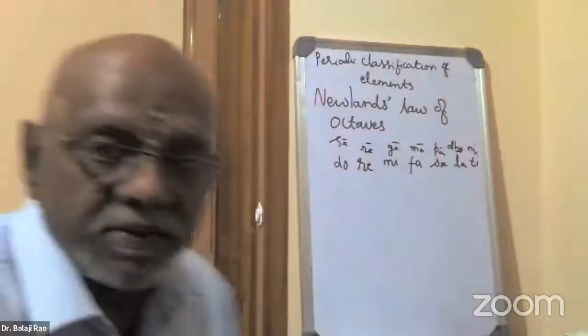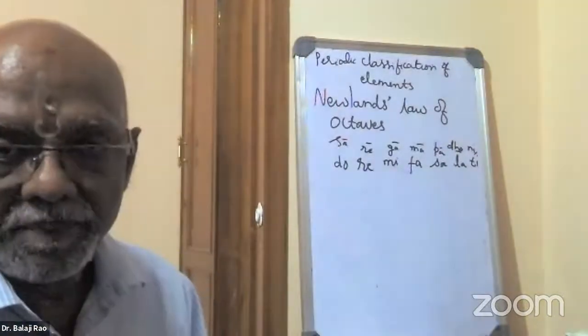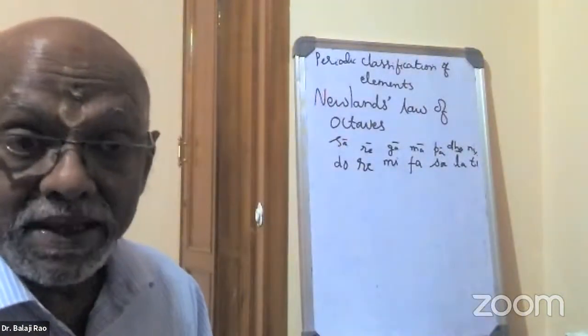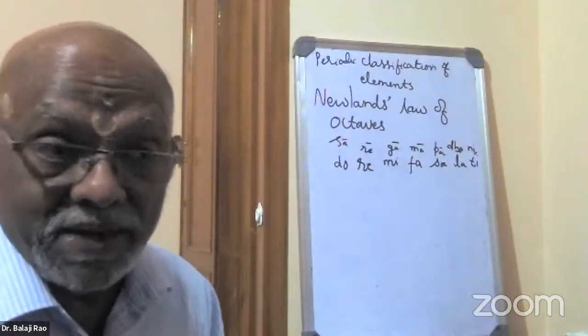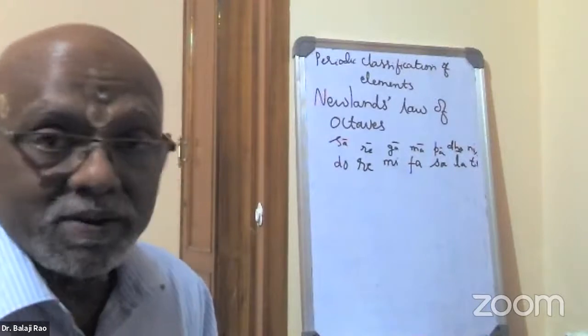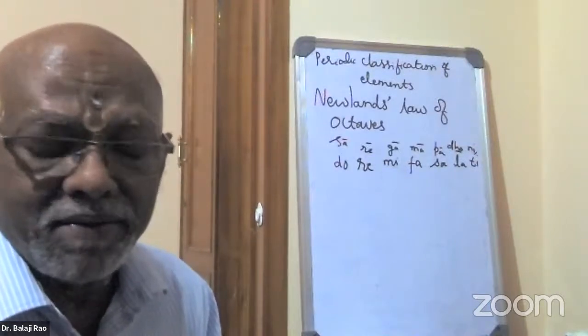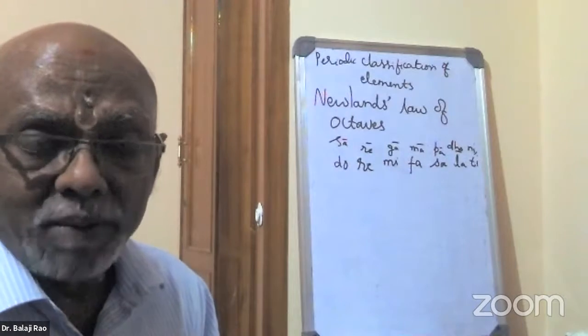So what Newlands did was, he said when you arrange elements in the increasing order of their atomic masses, mind you, till then atomic masses or atomic weights was the only known concept to people. They never knew about the atomic number concept.